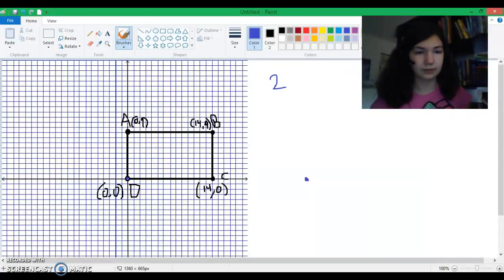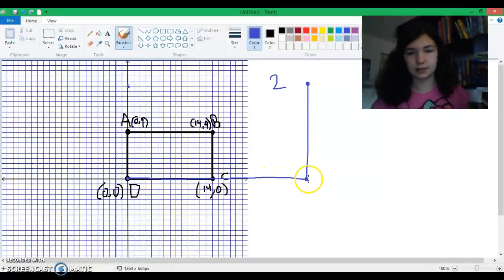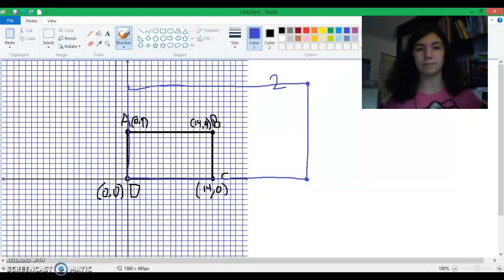So 1, 2, 3, 4, 5, 6, 7, 8, 9. There we go. Alright, and now we know that dot is right about here. And there you go. There is our, oops, that was not very straight. Let me redo that. There we go, that's better. And there is our expansion, our dilation with a scale factor of 2.